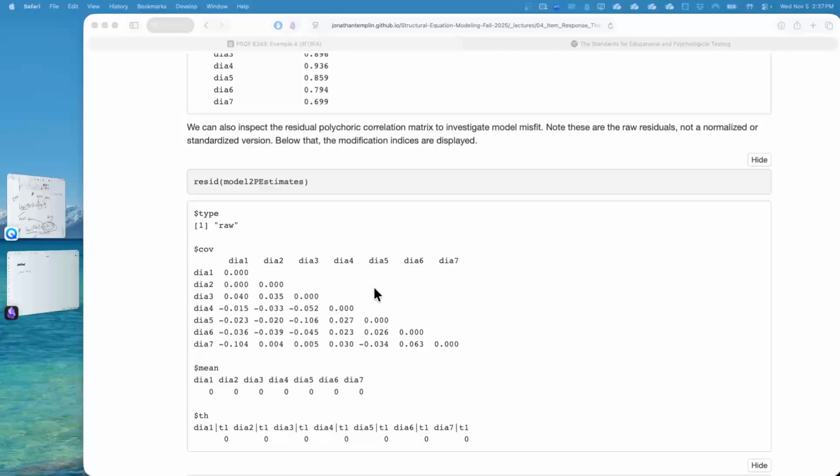Going back to what I was saying on this note, if you remember back when I was teaching CFA, after we got through the model, we had to establish model fit. The first place we looked was the raw residual covariance matrix. In our data, because we're using the tetrachoric correlation, these numbers don't quite look the same size.